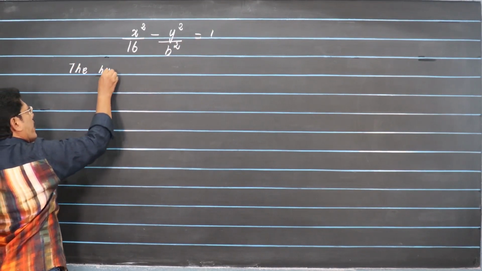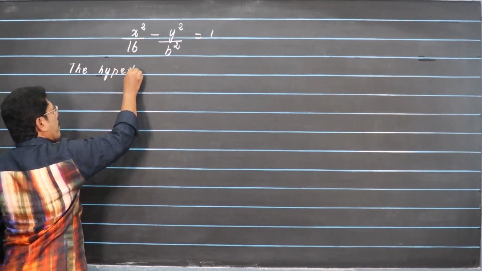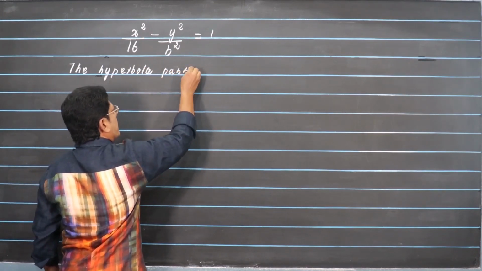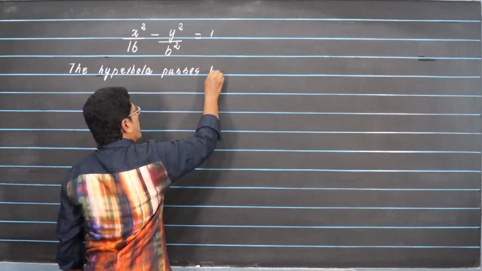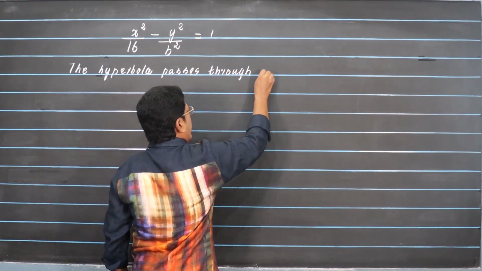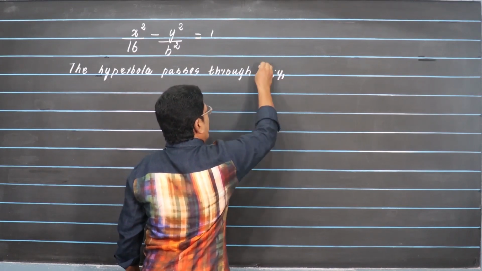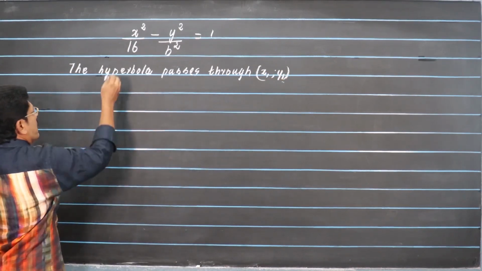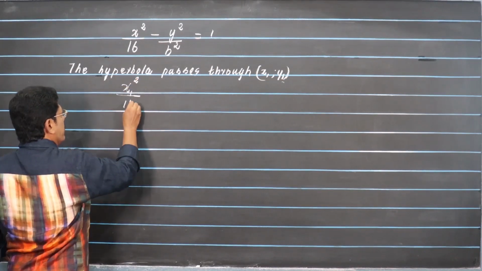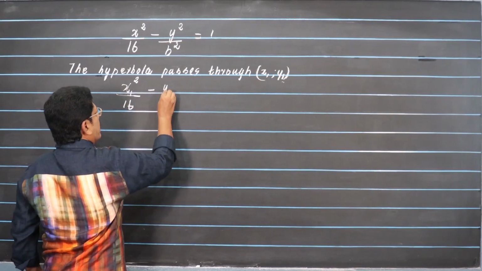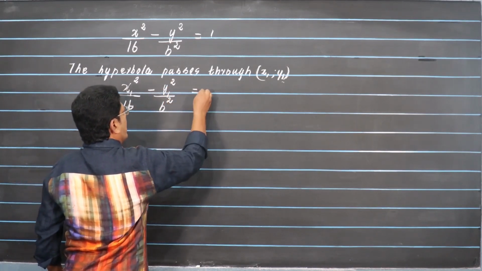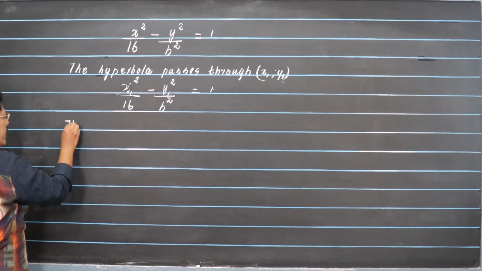The hyperbola passes through (x1, y1). Therefore, this equation will become x1 squared by 16 minus y1 squared by b squared equal to 1.